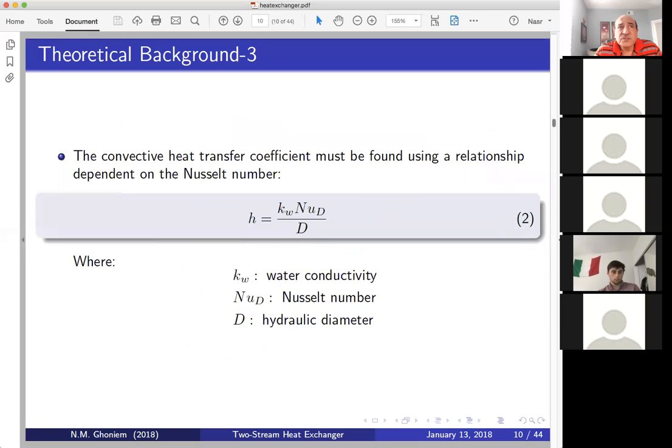So we define the Nusselt number as H times the hydraulic diameter over K. The Nusselt number is the ratio of convection divided by conduction. So it tells us how much convection we would have in the fluid versus conducting the heat through the fluid.